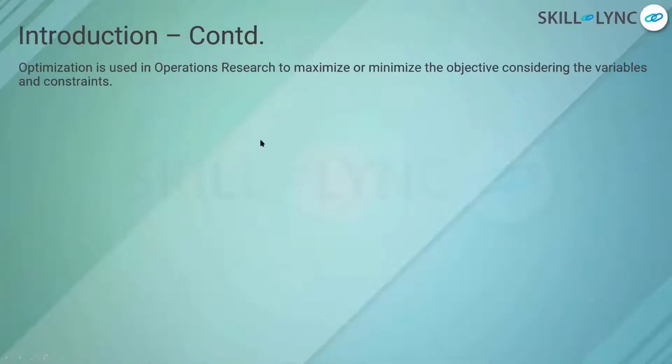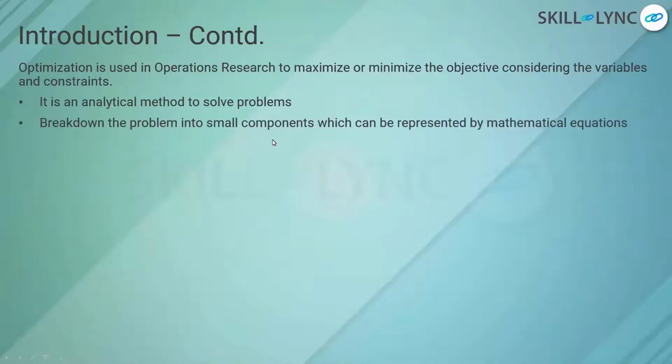I'm sure most of you would have studied the operations research topic in your college, and it may be boring depending upon your interest, but it is one of the very good techniques where an optimum solution can be obtained by a mathematical approach. So it is an analytical approach to solve problems. What it does is break down the problem into small components, which can all be represented by mathematical equations. And then you solve the equations to find the optimum solution.